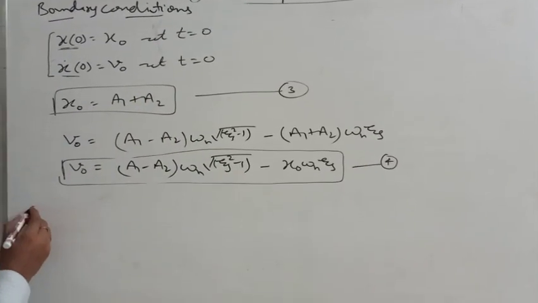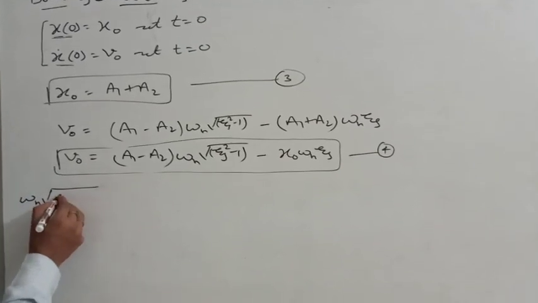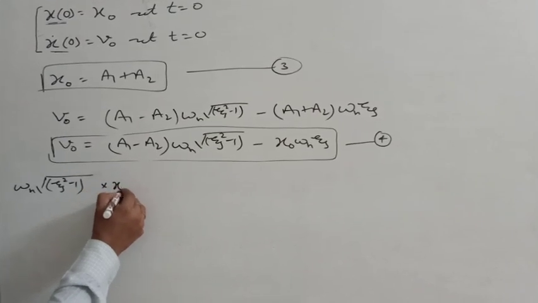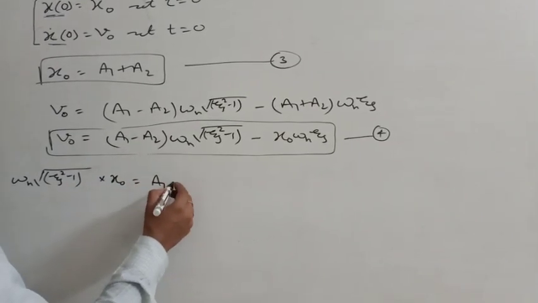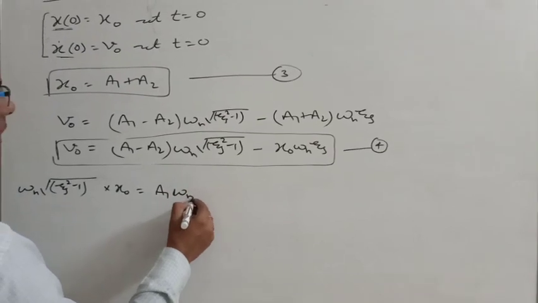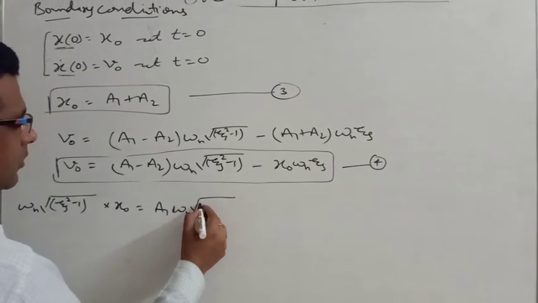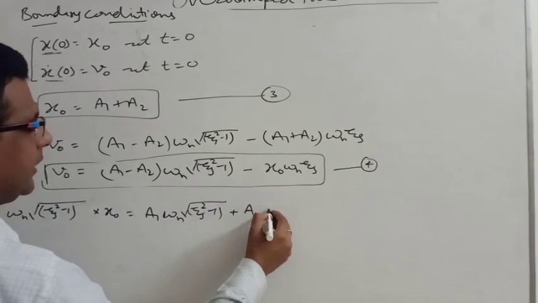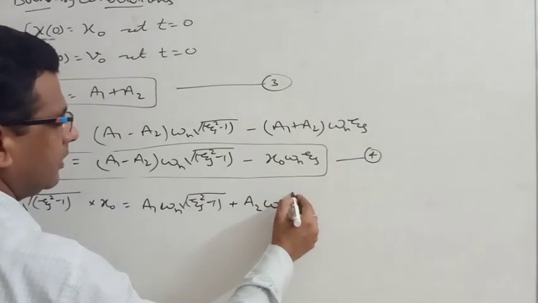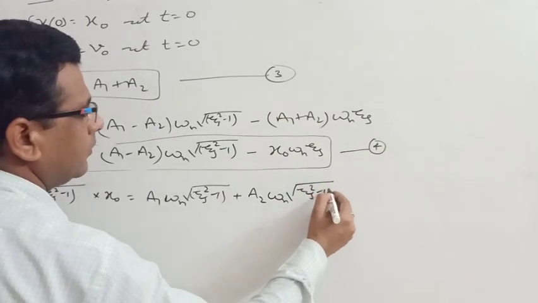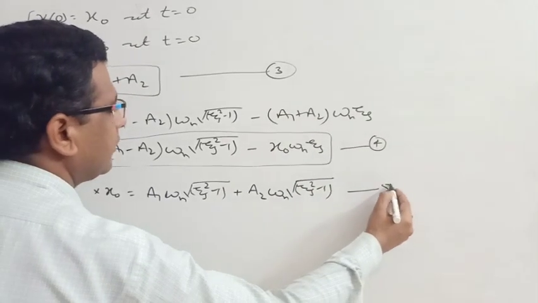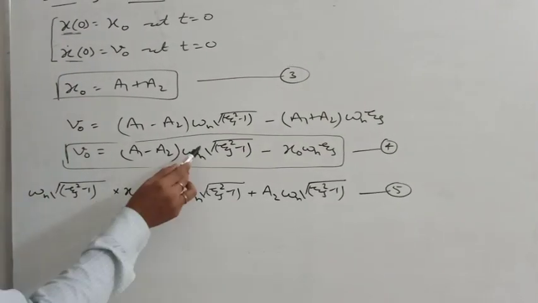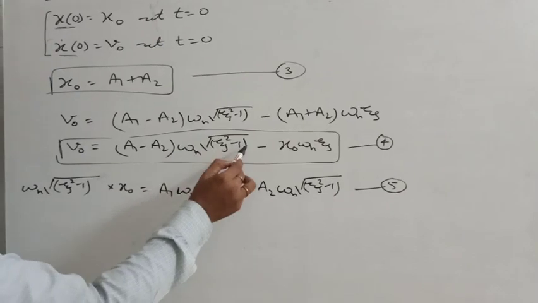Then our equation becomes omega n under root of zeta square minus 1 multiplied by x naught equals a1 omega n under root of zeta square minus 1 plus a2 omega n under root of zeta square minus 1, equation number 5, from the third equation by multiplying both sides by omega n under root of zeta square minus 1.